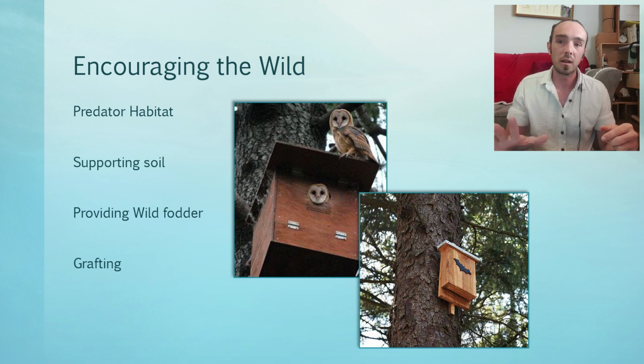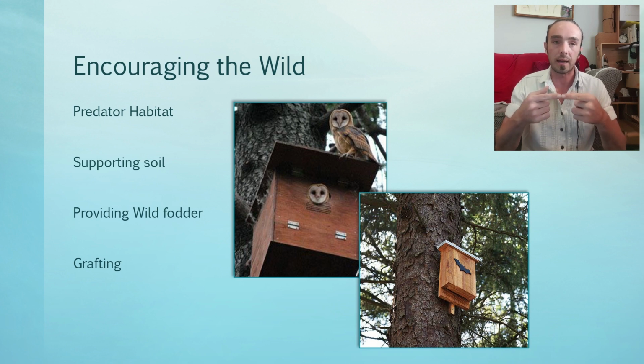Grafting is another. It's a delicate thing that we can do, and that's where we cut a branch on a tree that supports this kind of system, and we attach a branch from a different species or genus. So one of the most common is to graft apples. Crab apples grow really well in Ireland, but crab apples aren't particularly tasty.